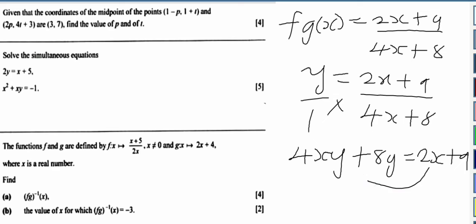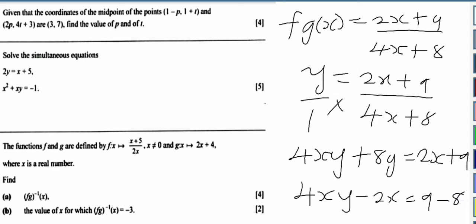So this one is going to change to a negative: we have 4xy, then negative 2x, being equal to 9, and also this one is going to change to a negative, which is minus 8y.